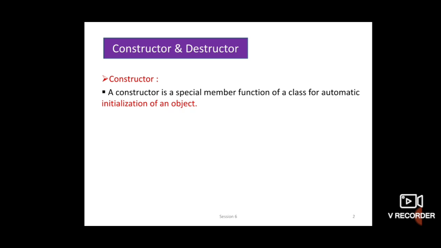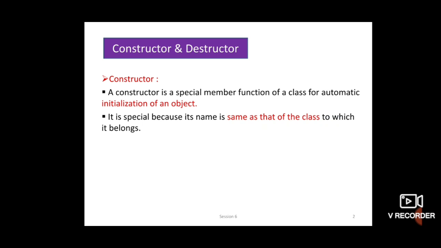So when a constructor is declared in that class, then for automatic initialization, when an object or instance is created, that constructor will be executed automatically. It is not necessary to invoke the constructor like a member function. Suppose the member function is add and the object name is obj. Then how do you invoke that member function? obj.add.